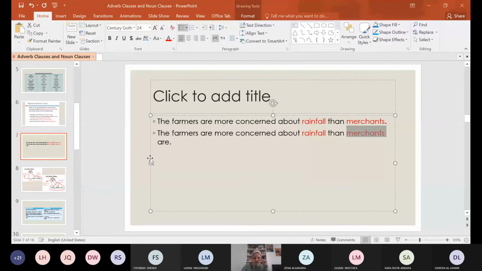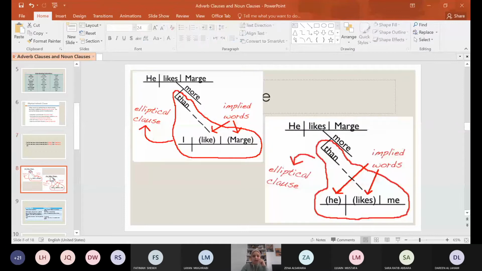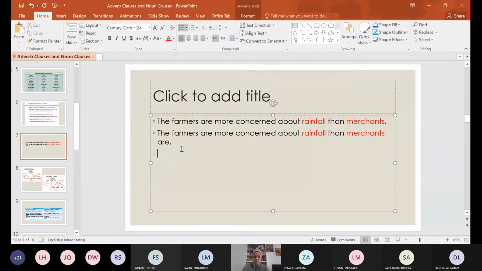Okay? We will understand more in the coming sentences. Here: He likes March more than I like March. Here, look, we have I and there is he. So let's say we are three: I, he, and Ken.